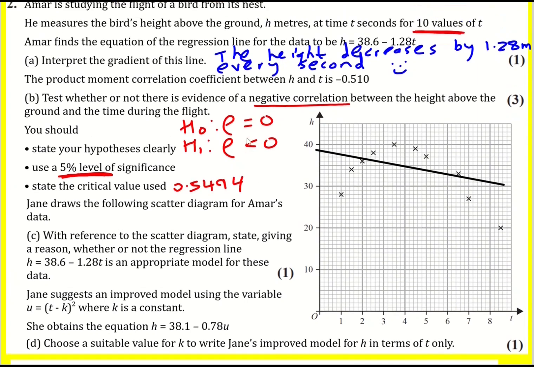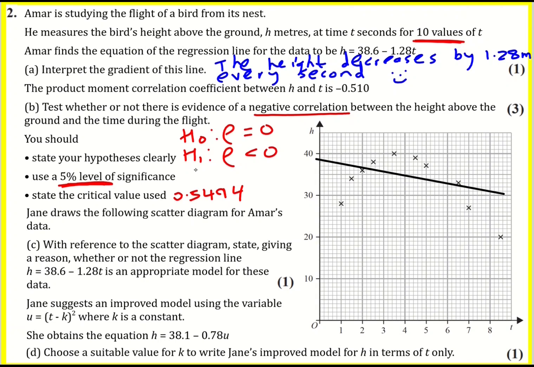0.5494. Just going to draw a little number line. So I've got -1 here, I'll put 0 here and 1 here. So we've just said that the critical value is here. But we've also got that the correlation was actually minus 0.510, which is slightly more positive.